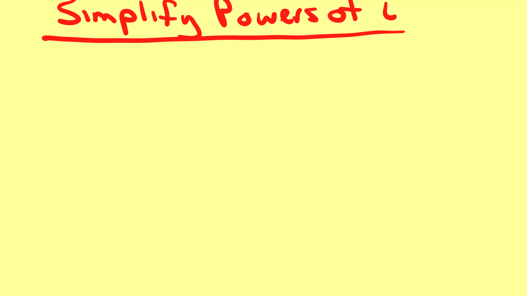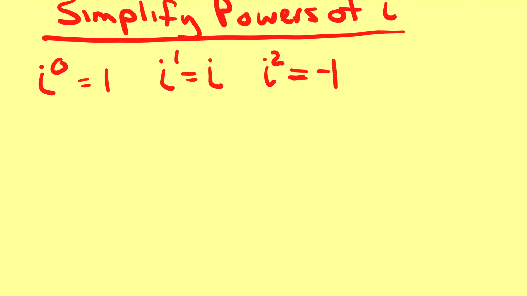When simplifying powers of i, I need to know that i to the 0 power equals 1, i to the first power equals i, i to the second power equals negative 1, and that i to the third power equals negative i. We know this ahead of time.